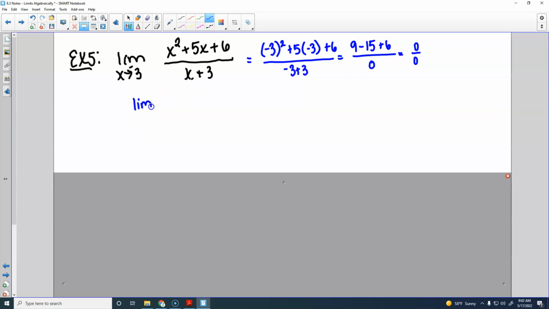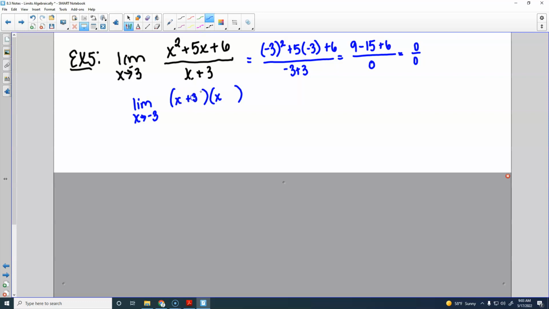So we're going to do the limit as x approaches negative 3, and we'll factor that numerator. Let's see, Blaine, how will that one factor? We need to multiply to get 6 and add or subtract to get 5. 3 and 2.